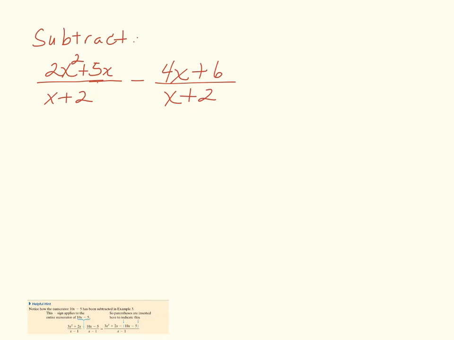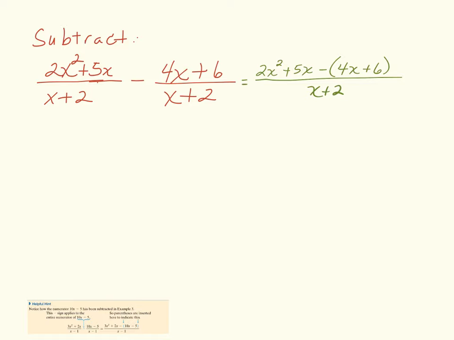I'm going to do another problem. Same thing. Okay? It's a subtraction problem. I'm going to go through it. The denominators are the same. So we're going to have x plus 2 as a denominator. Then we're going to have 2x squared plus 5x minus the whole binomial 4x plus 6.